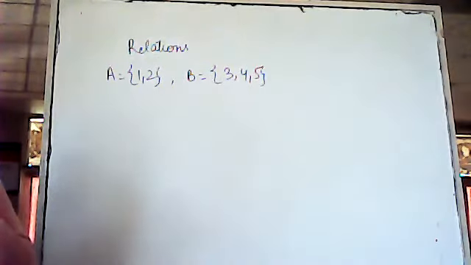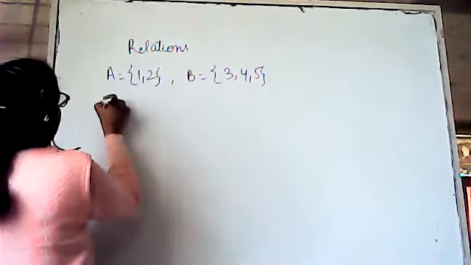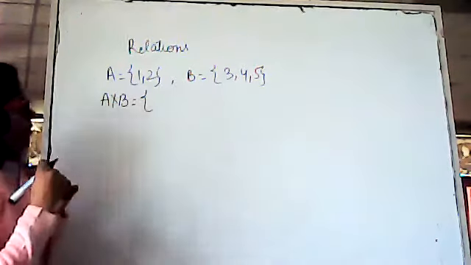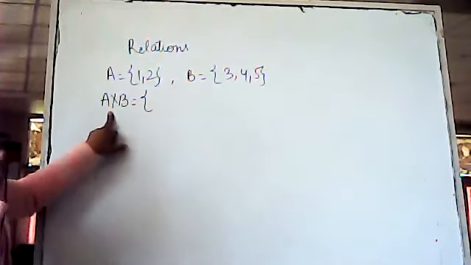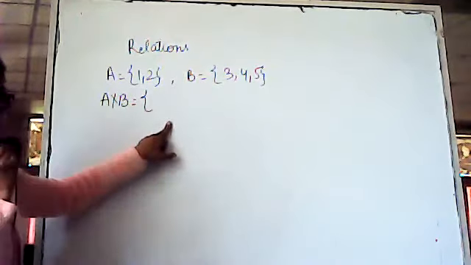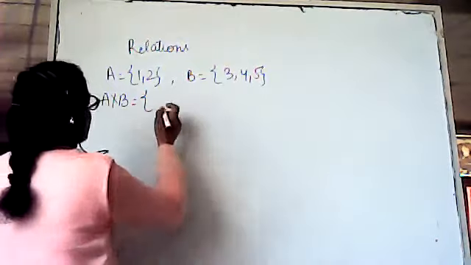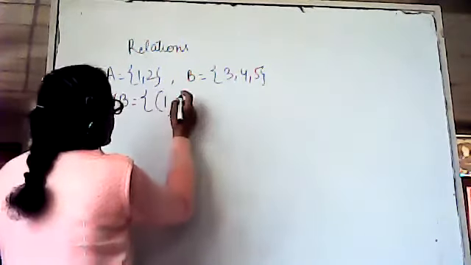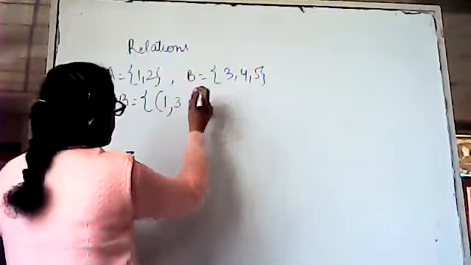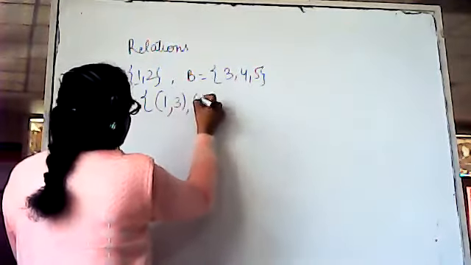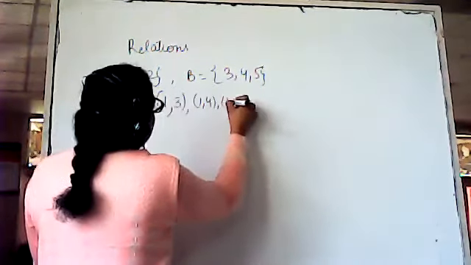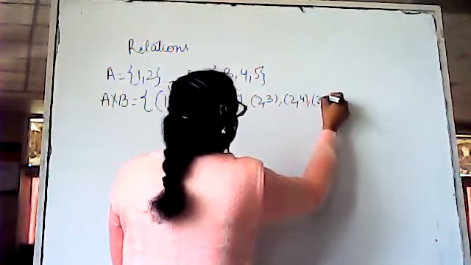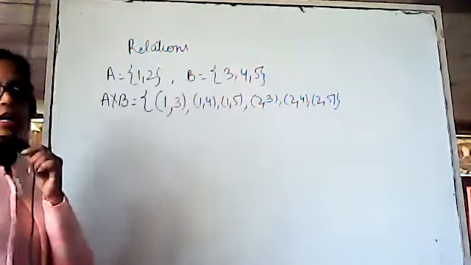If we want to find A cross B, whenever we have a cross product, it will contain ordered pairs, such that the first element of the ordered pair belongs to the first set and the second element belongs to the second set. So A cross B will be (1,3), (1,4), (1,5), similarly (2,3), (2,4) and (2,5). This is the value of A cross B.